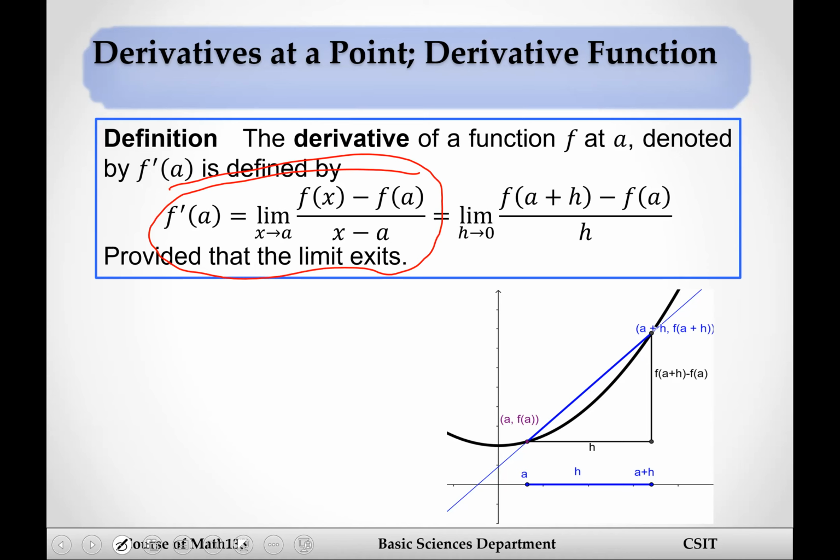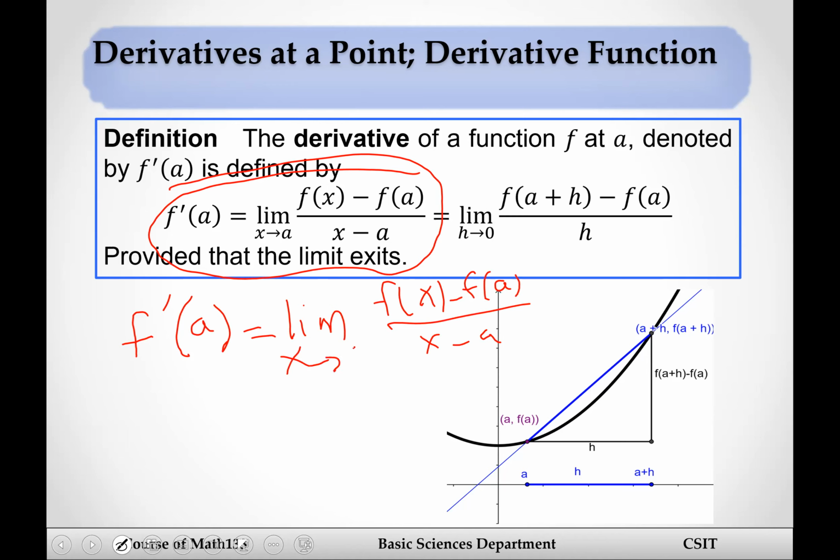So if I have a function and I want to compute the derivative of f, which is f prime at the point a, then I will compute the limit of this quotient, f of x minus f of a over x minus a, when x approaches a.